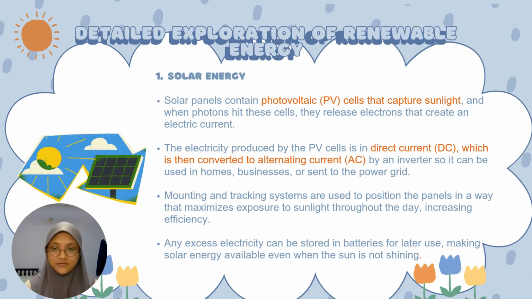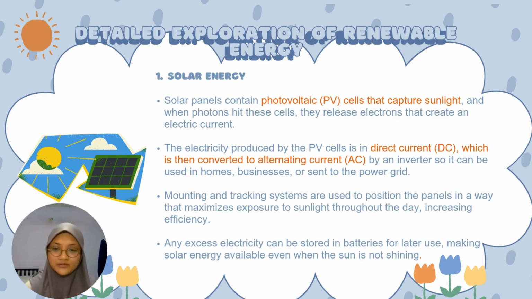For solar energy, solar panels contain photovoltaic cells that capture sunlight, and when photons hit these cells, they release electrons that create an electric current. The electricity produced by the PV cells is direct current, which is then converted to alternating current, so it can be used in homes, businesses, or sent to the power grid.